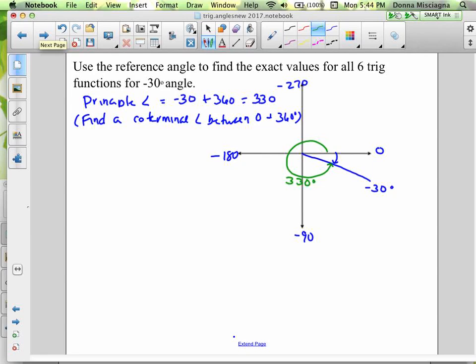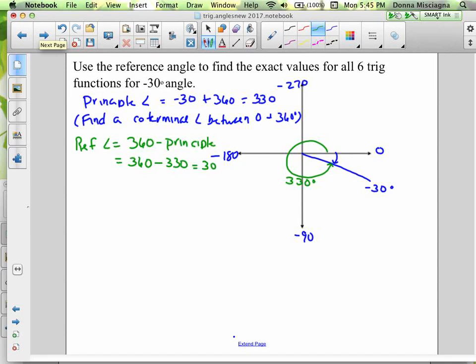And maybe already in your head you know what the reference angle is going to be. We are now in the 4th quadrant, so our reference angle is going to be 360 minus the principal angle, which in this case is 360 minus 330, or 30 degrees. It won't always work out that your reference angle is just the opposite of your principal angle when it's negative.